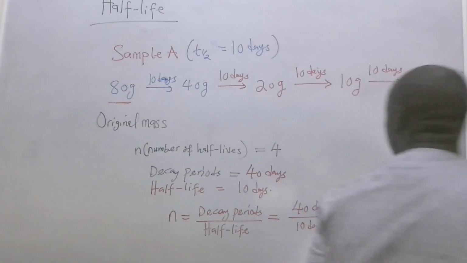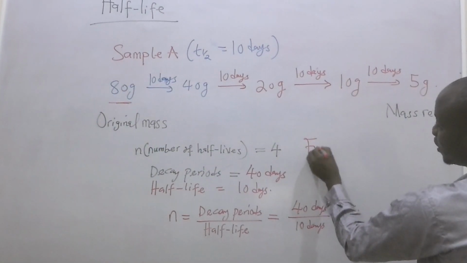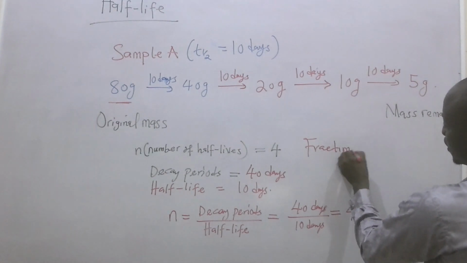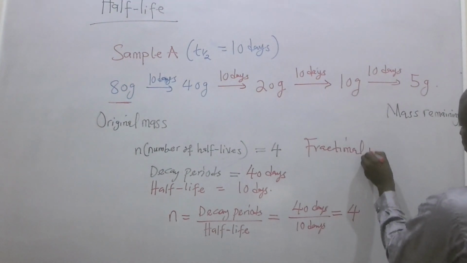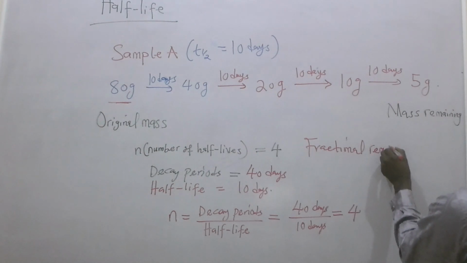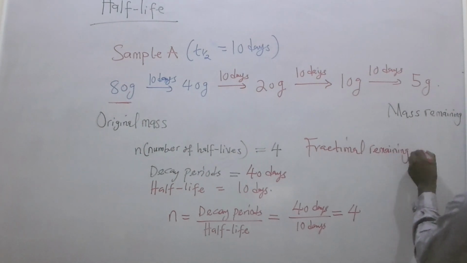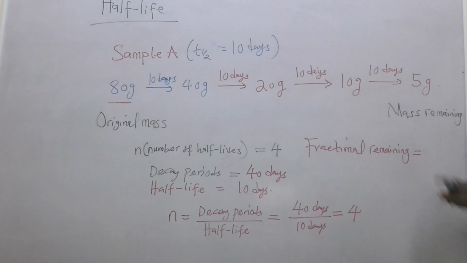So how do you calculate the fractional remaining? We have a formula: fractional remaining is equal to 1 all over 2 power n.